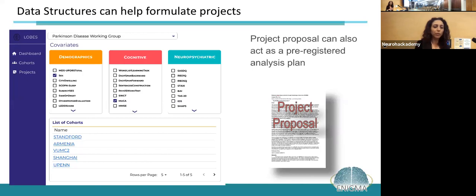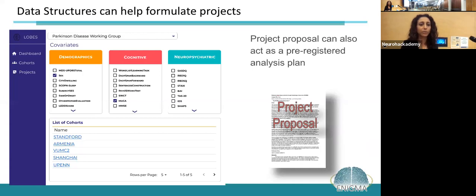So if you want to propose a specific project, you might have to filter through some of the studies within the working group to see who can join your project. So not all groups can join every single project, and that's okay. But oftentimes we do need to ask more nuanced questions to really understand specific aspects of the disease.